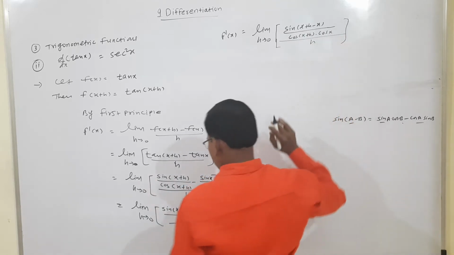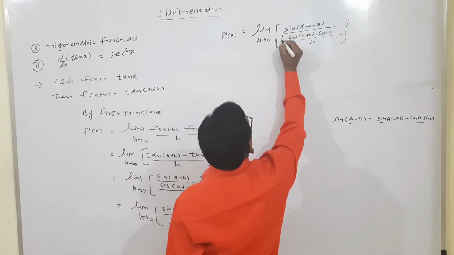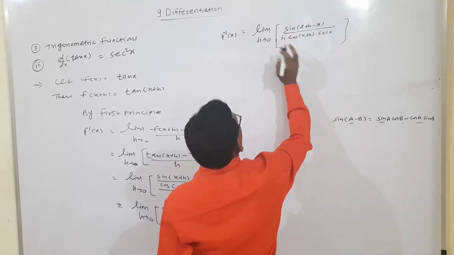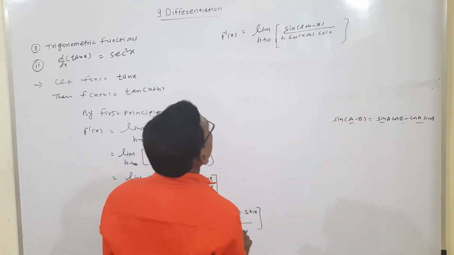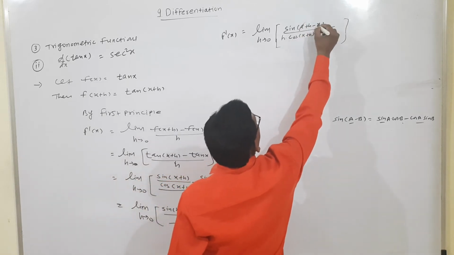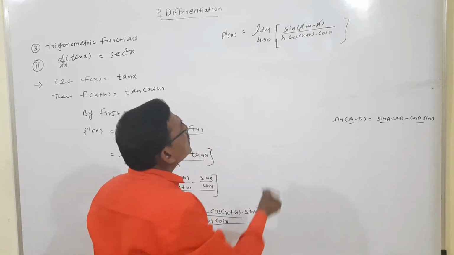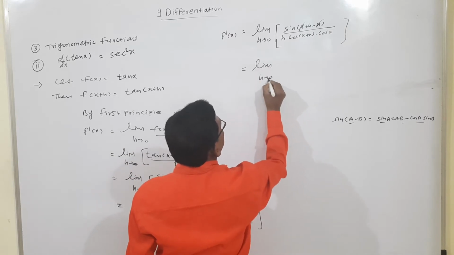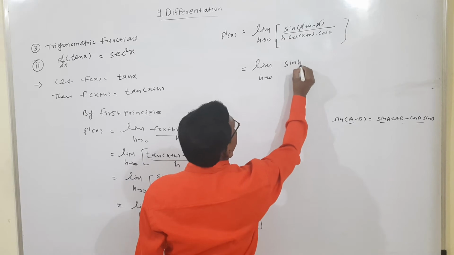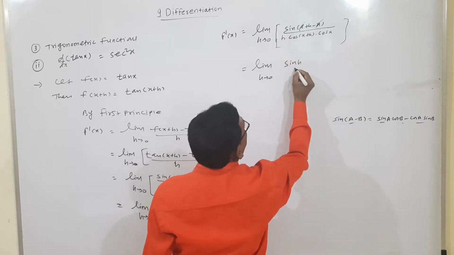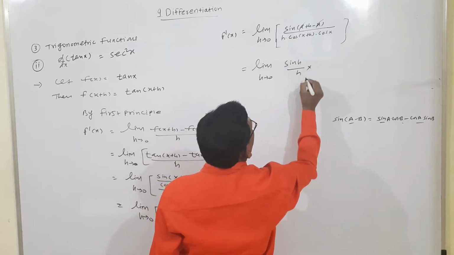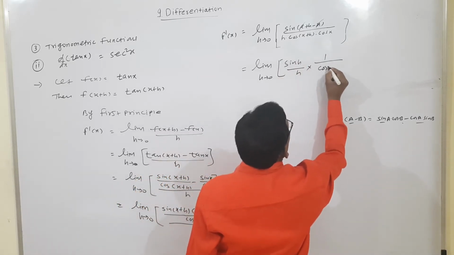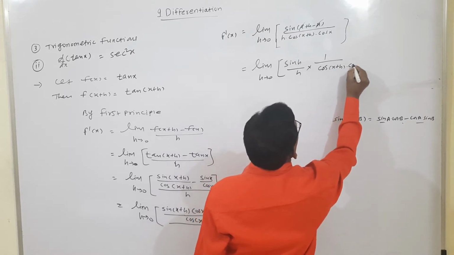Therefore plus x and minus x get cancelled, so it is only sin h. It is equal to the limit as h tends to 0 of sin h upon h into 1 upon the denominator, cos of x plus h into cos x.